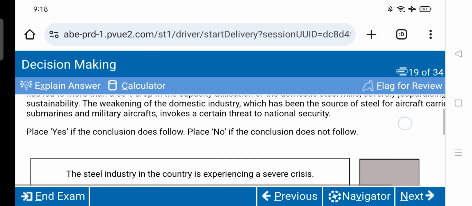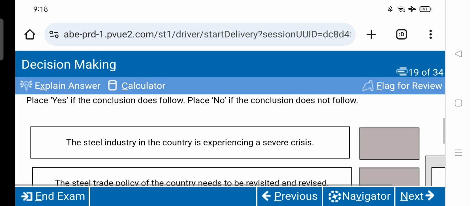So place yes if the conclusion does follow, and place no if the conclusion does not follow. So here we have our first conclusion that says the steel industry in the country is experiencing a severe crisis.